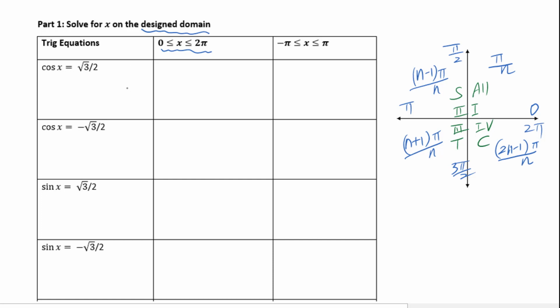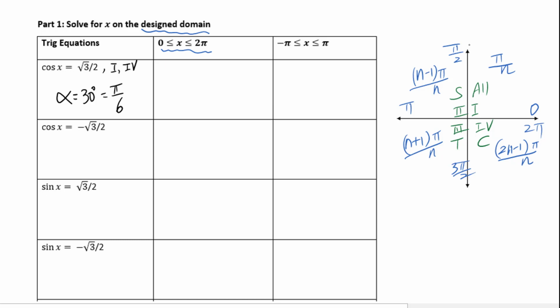For number 1, cosine x equals square root of 3 over 2. We will get the reference angle first. Since cosine 30 degrees equals the square root of 3 over 2, that is pi over 6. Square root of 3 over 2 is positive. That's why they go to the first and then the fourth quadrant.